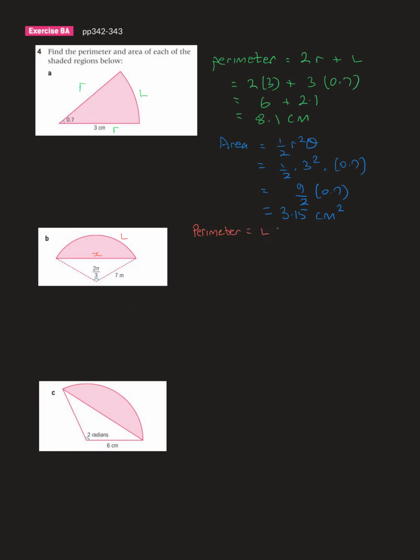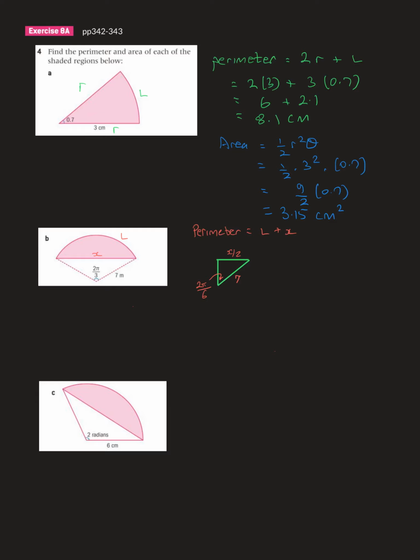equals L plus X. Now let's construct that triangle. Okay, so that's our triangle. That triangle there is this one here. Okay, so that's X on 2 along the top. We've got 7 is here. That angle is now 2 pi on 6, right? It's 2 pi on 3 divided by 2. Now we'll just use sine.